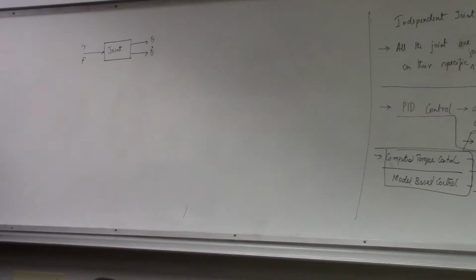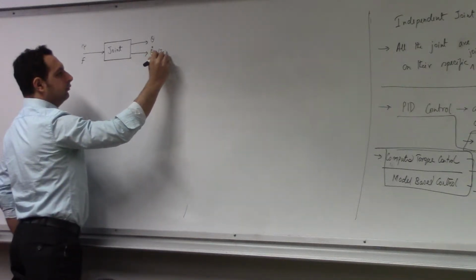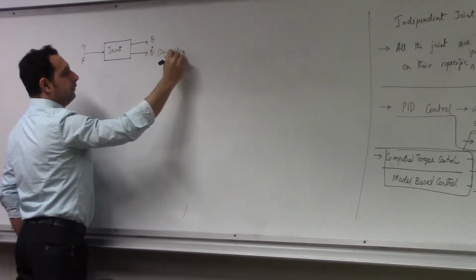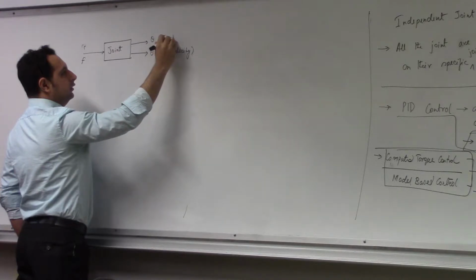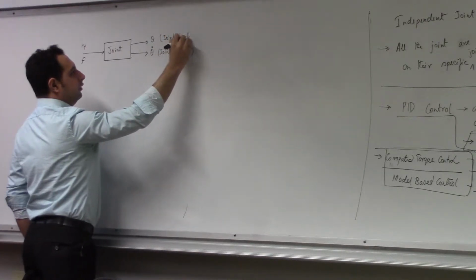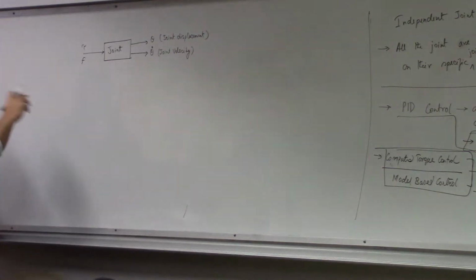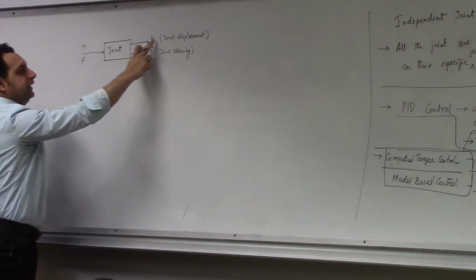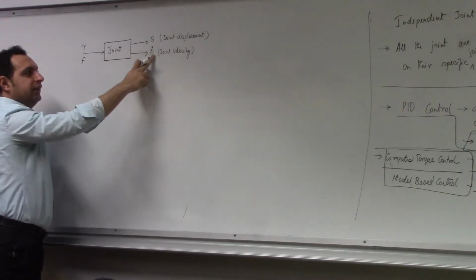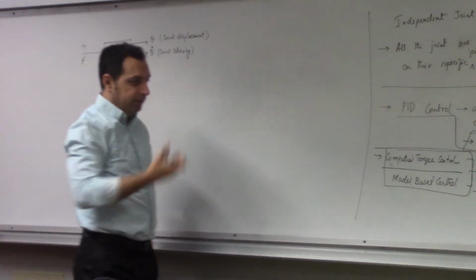When I applied the force, what was the joint velocity and what was the joint displacement? The idea is to compute the torque or the force in such a way that theta goes to the desired value, or you attain a joint velocity that you planned for, right?